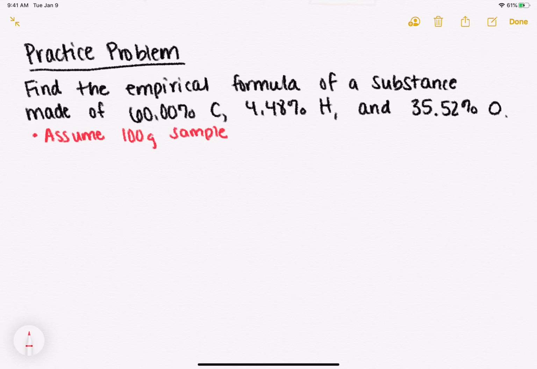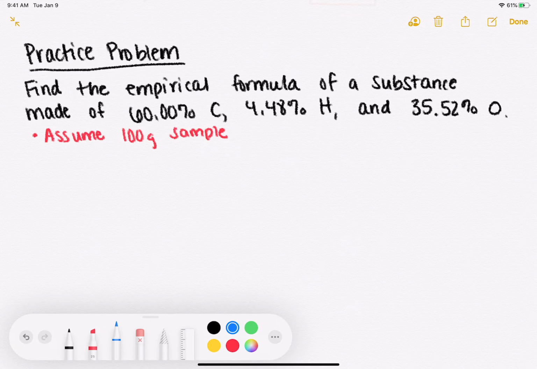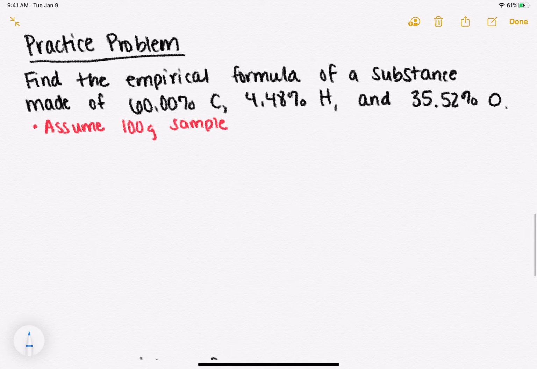And the reason that we do that is now we know that if we have a 100 gram sample, 60.00% of 100 is 60.00 grams, which means that we have 60.00 grams of carbon.